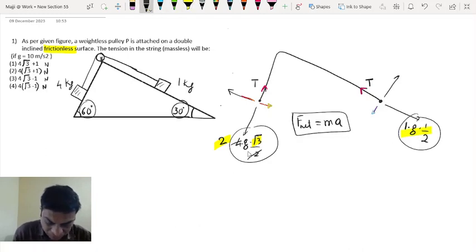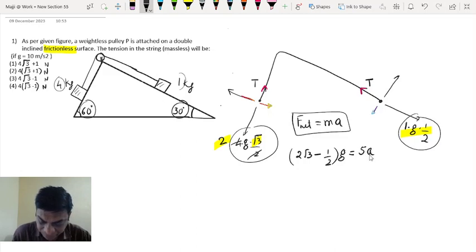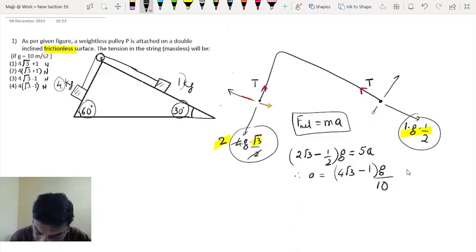So the net force along the string in this direction will be 2 root 3 g minus half g, is equal to total mass, which is 4 plus 1, 5, into a. So you get the acceleration this way. Acceleration is (4 root 3 minus 1) g by 2, oh sorry, g by 10, after taking LCM.